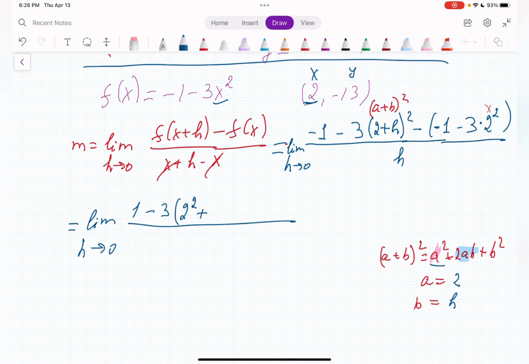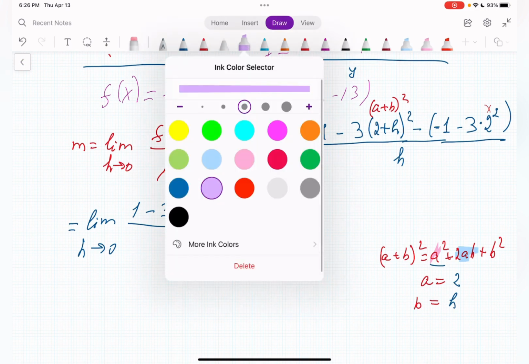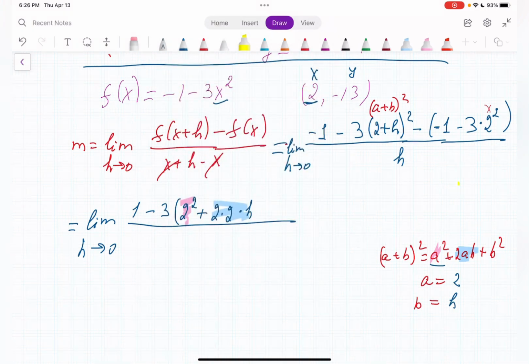So it's going to be plus 2 times A, which is 2, times H. Let me color this one this way so you can compare. And plus B squared, which is going to be plus H squared, right?